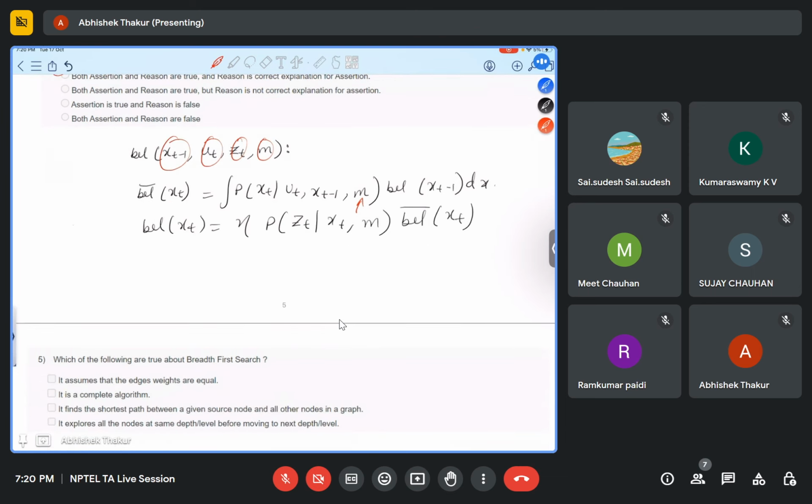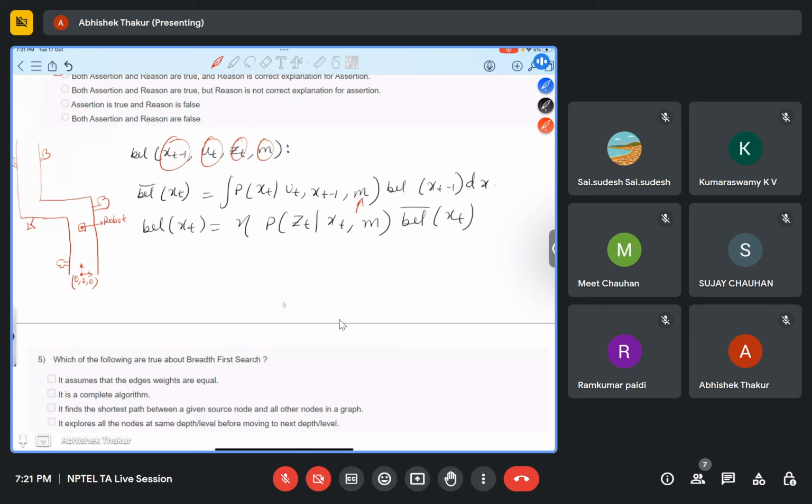Whenever a map is given, let's suppose this is the map of an environment. Like this is a path, and we have a map made, and there are lots of landmarks, like trees, traffic signs. Let's suppose our robot is here, and this is the origin of the map, like this is 0, 0 and 0, x, y, z.